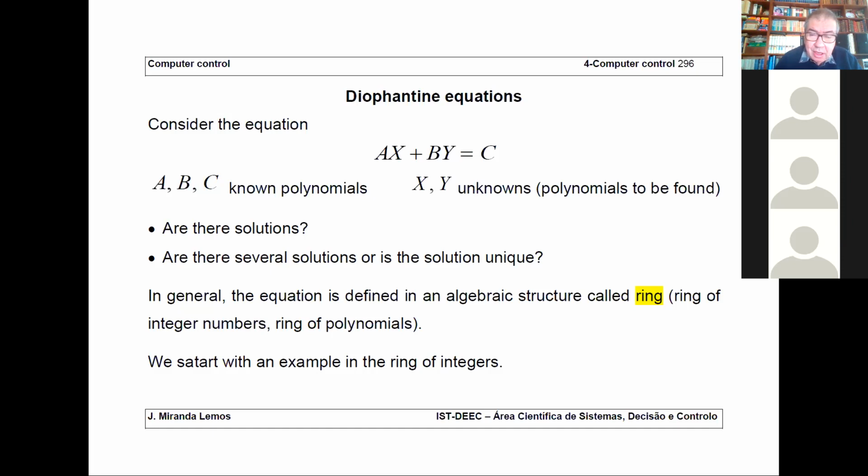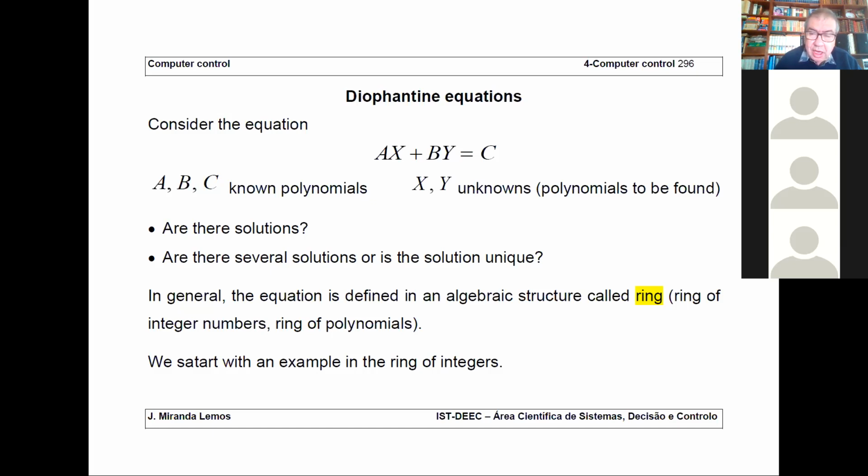Now, a ring is when you have two operations on the same set of numbers, say multiplication and addition. The set with each of these operations must be a group, and in addition, you must satisfy the distributive property. That's a ring.